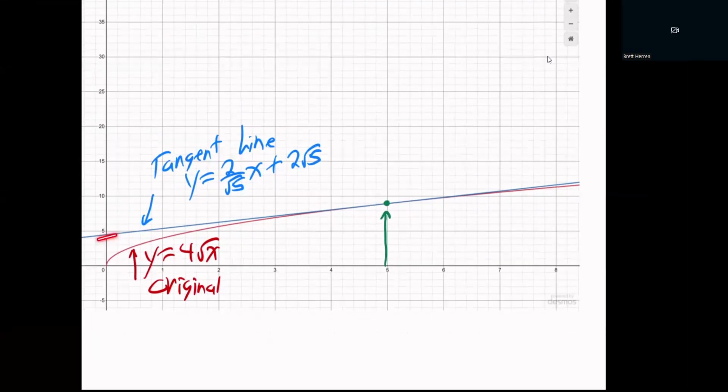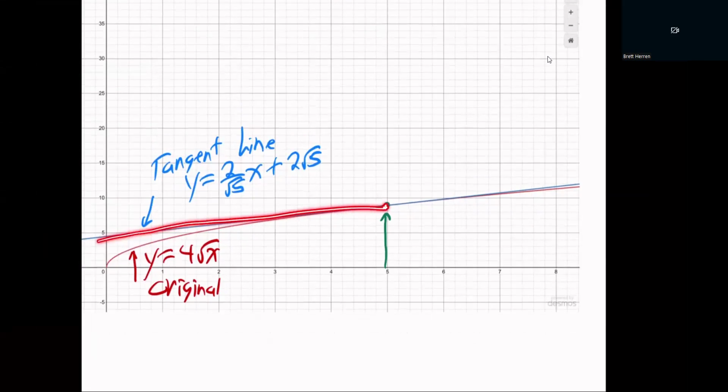It's a line that barely nicks the curve at only one point, and you can see it keeps on going, and over here the blue line is getting above the red again. The original curve is the red, a square root graph with curvature to it. Around here, they're very close. You can't even tell them apart. They're basically the same thing.